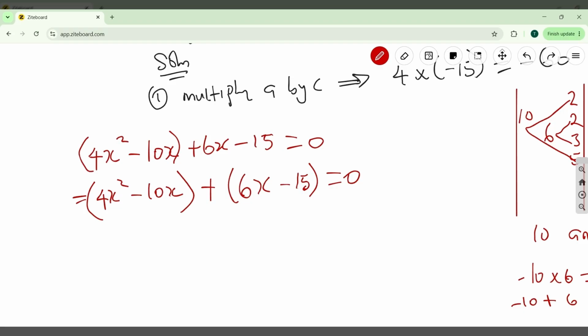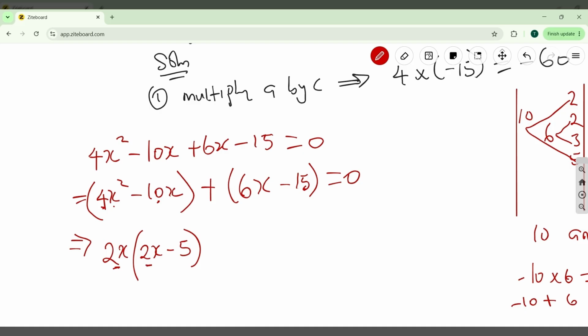Basically, that's just what I've done. So this can give me, I'm going to factorize this equation here, 4x squared minus 10x. What's common between 4 and 10 is 2. And what's common between x squared and x is x. Then I rewrite what's left. So I have 2x left minus, this is going to give me 5.